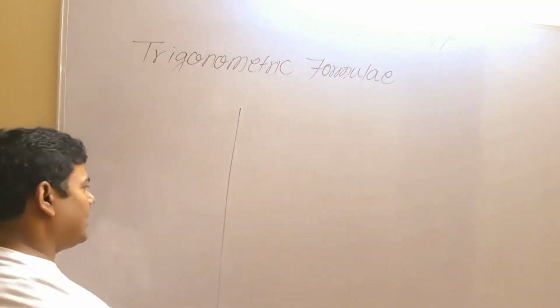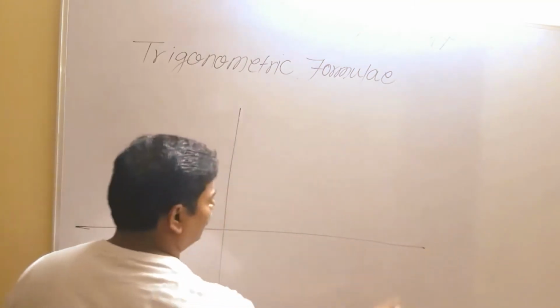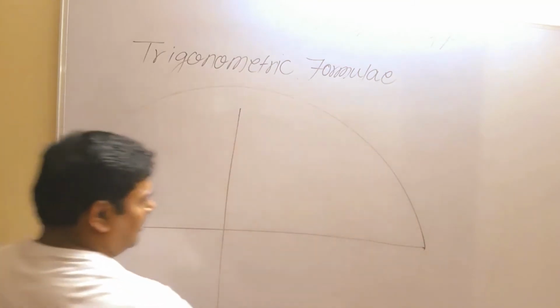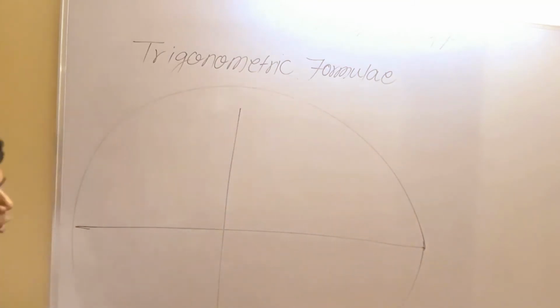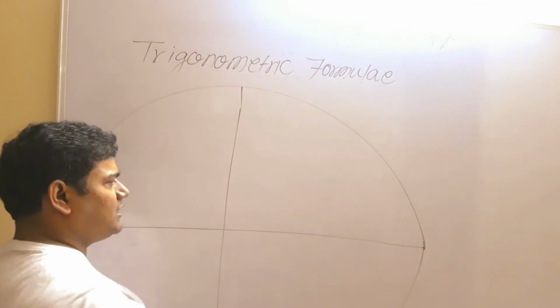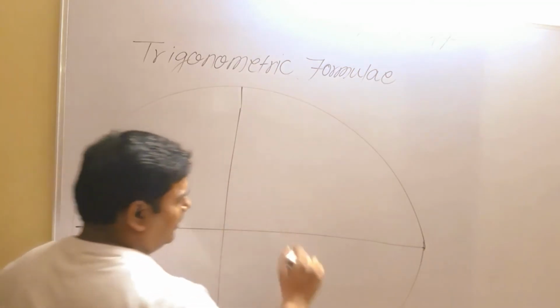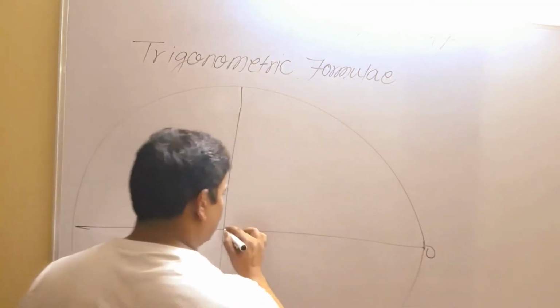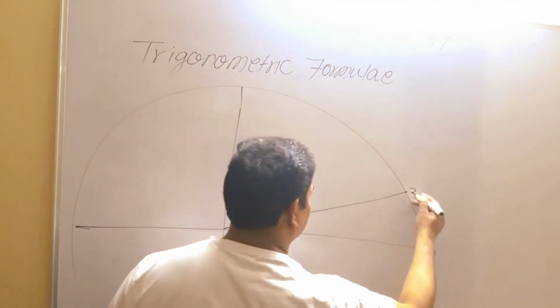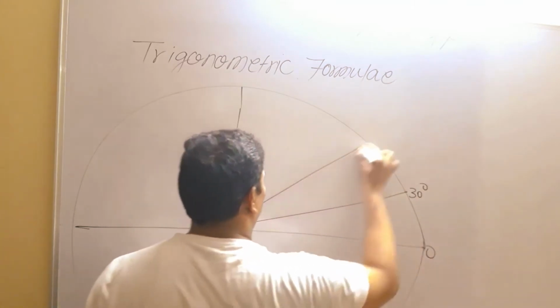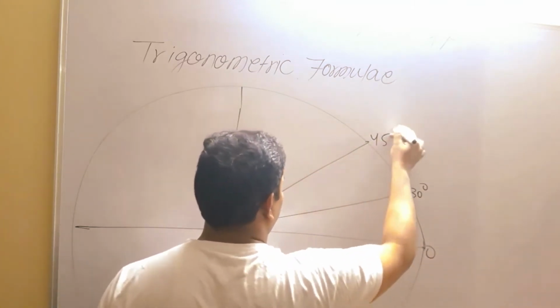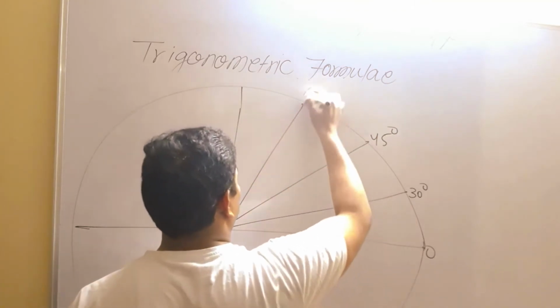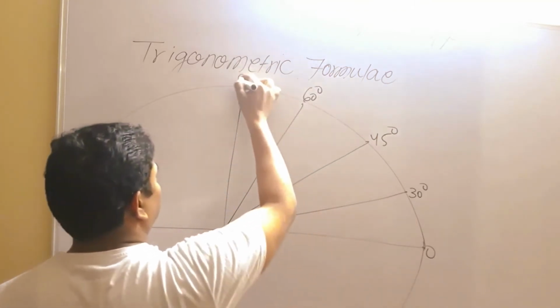There are 4 quadrants. You must know these are the quadrants of a circle. Any circle has 4 quadrants. We start with 0, then we go to 30 degree, then 45 degree, then 60 degree, and at last we get 90 degree.